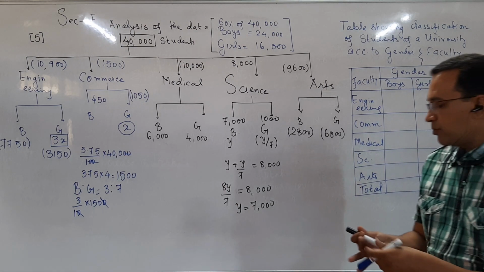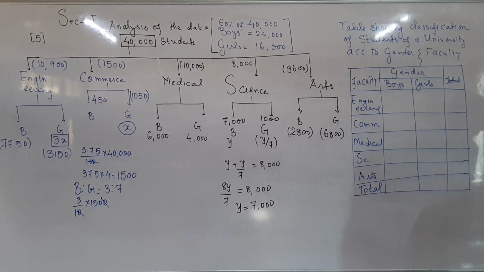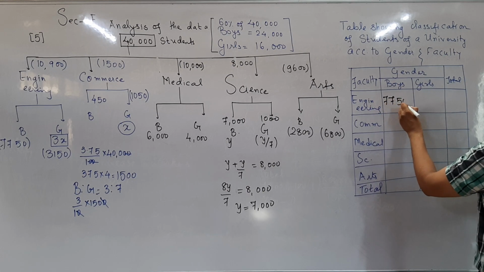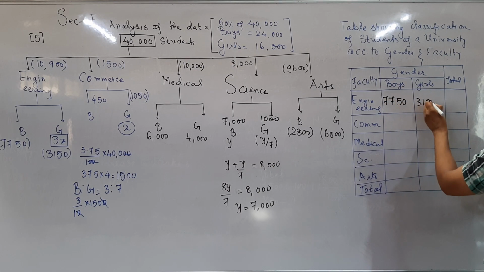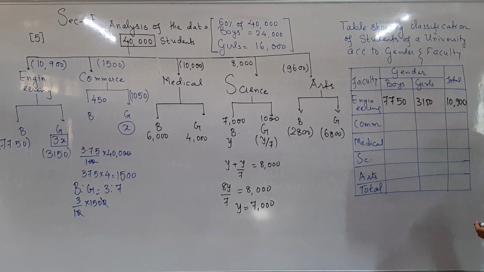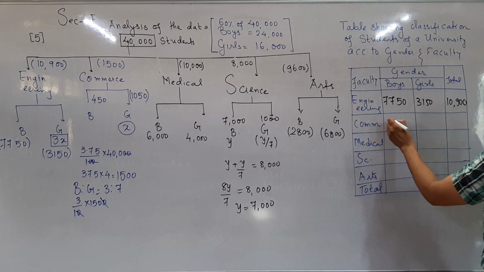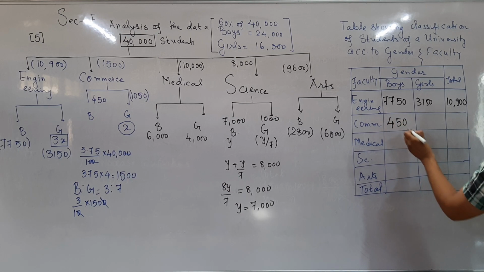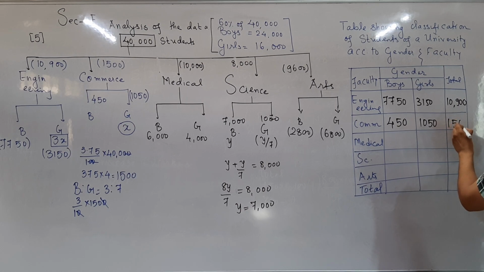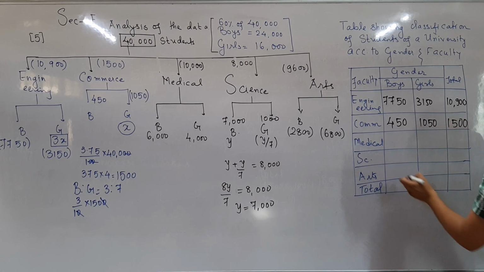Okay, engineering, how many boys and girls were there? Students, let us check. Number of boys in engineering were 7,750. Girls were 3,150. Total were 10,900. Commerce, boys were 450. Girls were 1,050. Total students are 1,500.